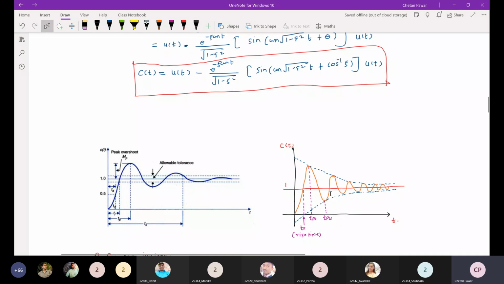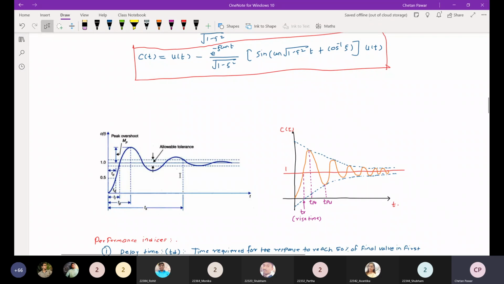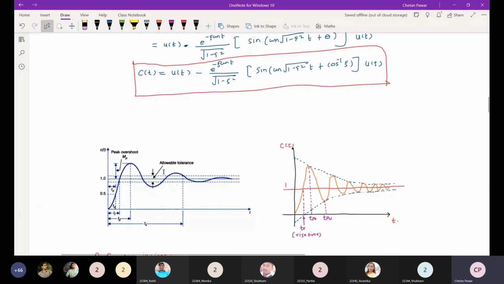When you increase the value of zeta, there will be an increase in the damping and a decrease in the damping frequency, right? These two graphs are the same. Here all the performance indices are denoted.